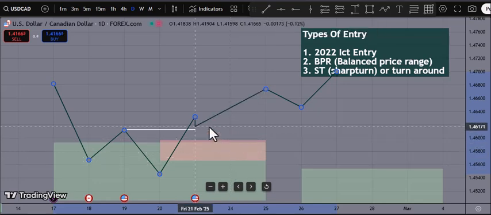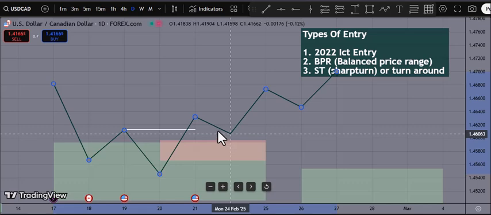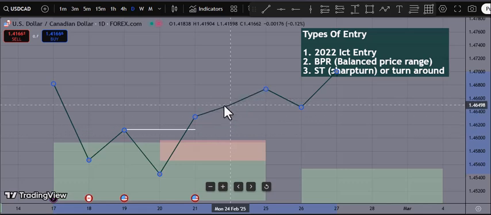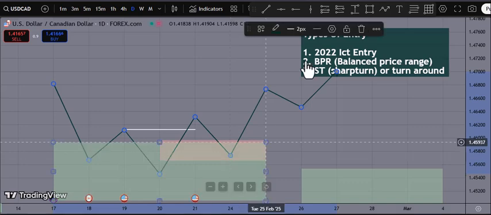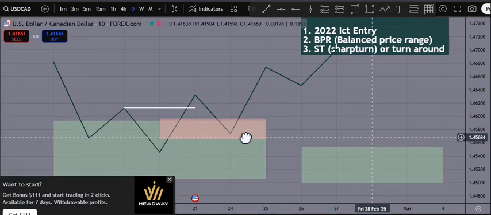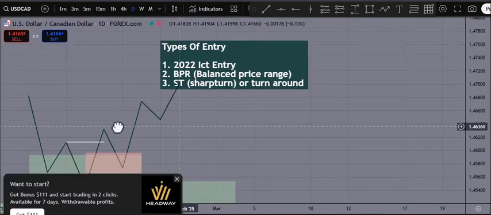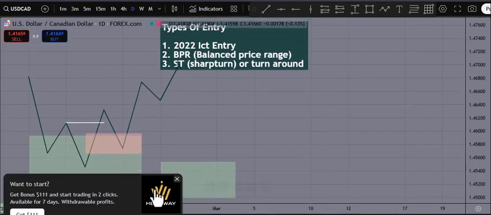Most times price just does a little retracement, and most times not even at all. Price will just continue. But this is the most ideal. If you see it, fine, perfect. But most times you're not going to find this in the chart. So let's go through the other method that can likely happen in price action.